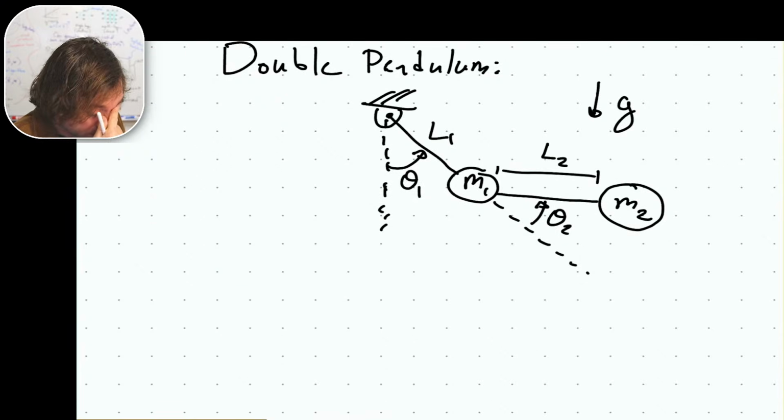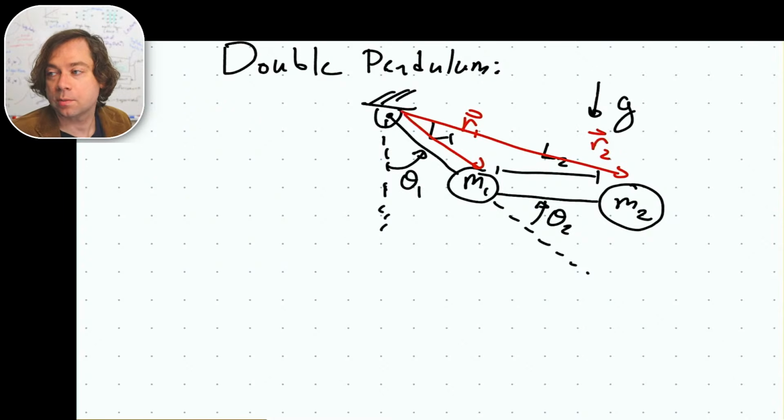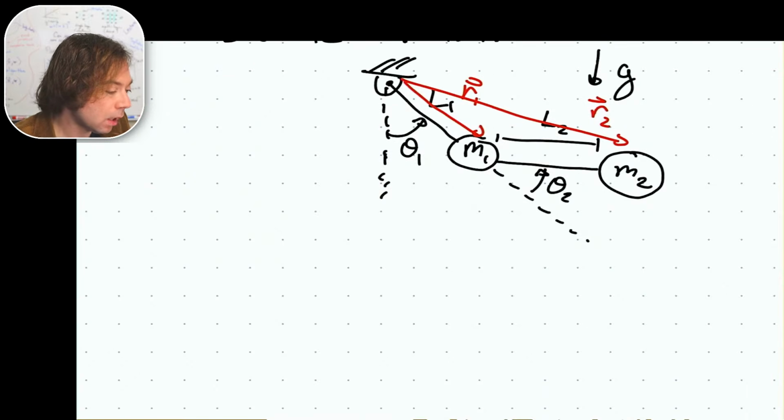Okay. One thing it's helpful to do to start with is to draw vectors. We'll make them in red. R1 and R2 to each of our masses. That'll help us compute our energies later, okay? So let's set this up.